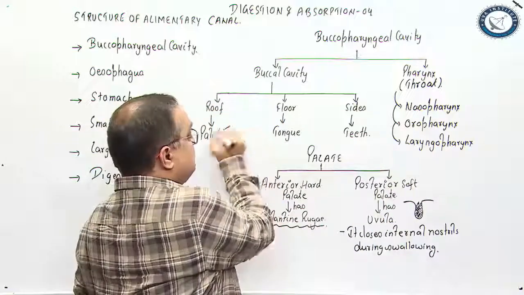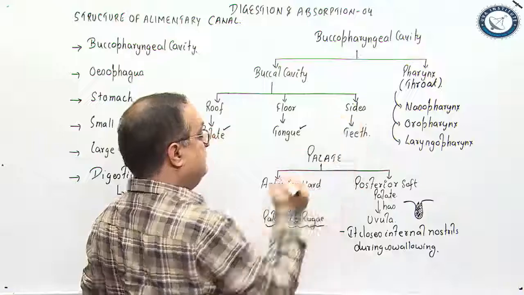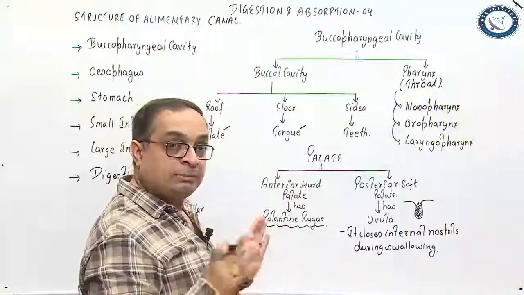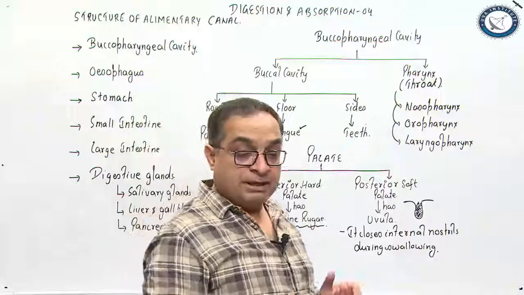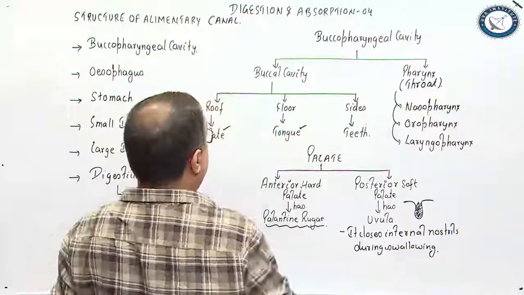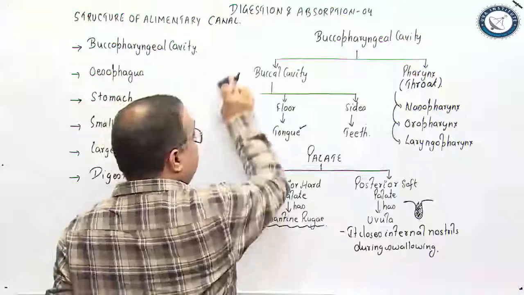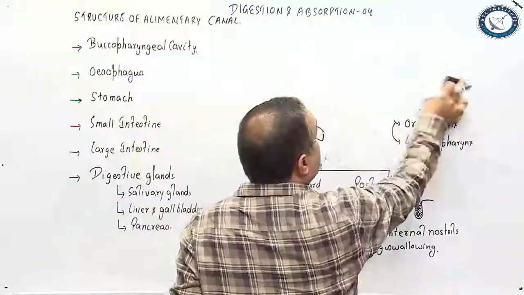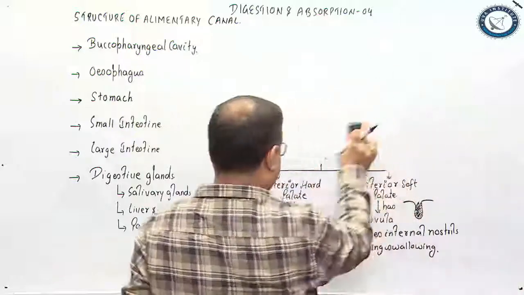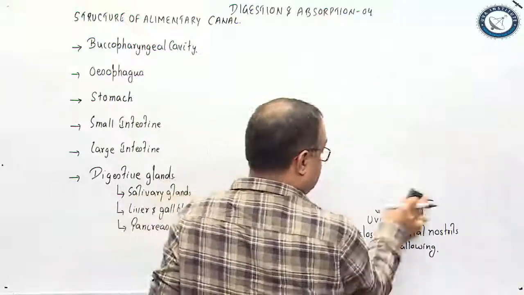So we have to discuss palate, tongue and teeth. Palate, as I told you, hard palate and soft palate. Now let's discuss the structure of tongue. Tongue is a highly muscular, glandular and sensory structure. Tongue has skeletal muscles which are voluntary muscles.